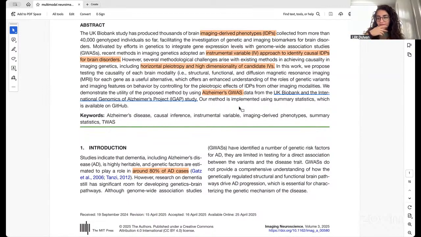pleiotropy. So you can have some effects. The typical example of pleiotropy is that you have ApoE causing some cardiovascular risk factor, and also Alzheimer's, and then you don't know if ApoE is causing just Alzheimer's or ApoE is causing vascular risk factors, and those are boosting the other or the other.